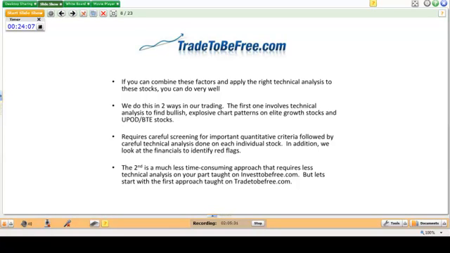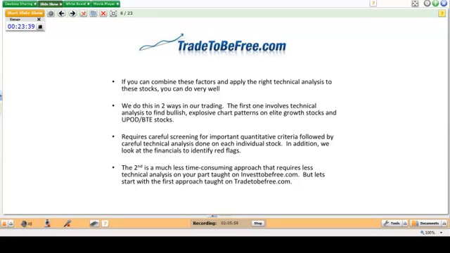For those unfamiliar with the acronym UPOD, that means under promise, over deliver, and BTE stands for better than expected. So on TradingPub.com, we're looking at just this pool of stocks, and we carefully screen the stocks, and we look for any red flags in financials, and we look for a very bullish chart pattern, a bullish technical entry point on those stocks.